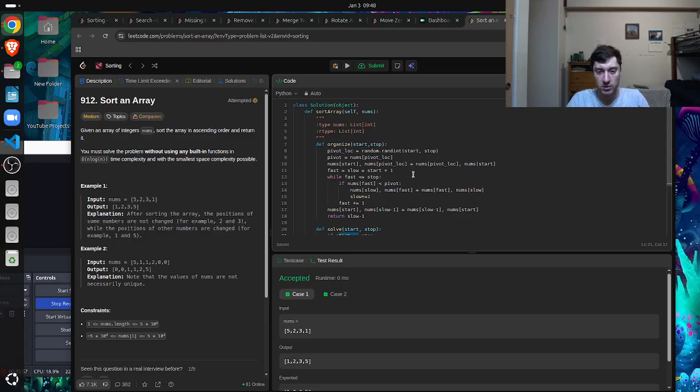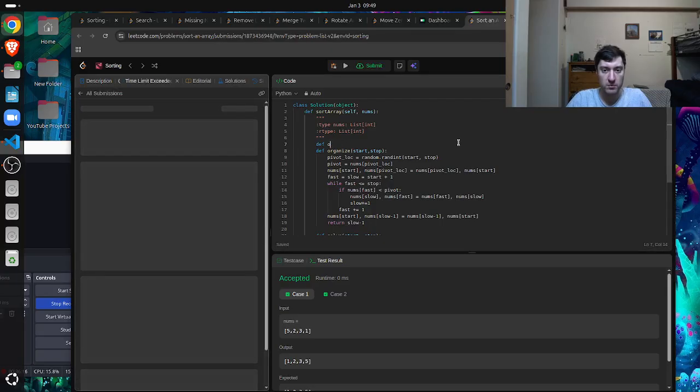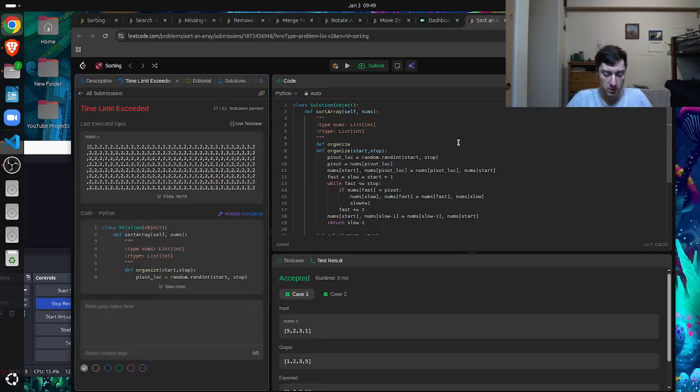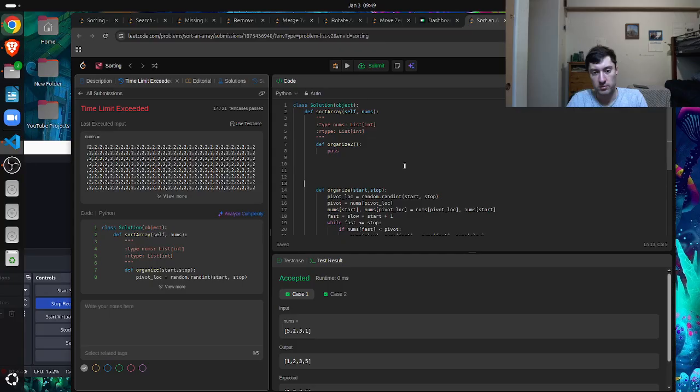So now I'm going to try organize number 2. This will not pass because they purposefully make it where this question doesn't pass. But I'm going to try def organize two, and we're going to have something very similar, but I want to use a different technique.